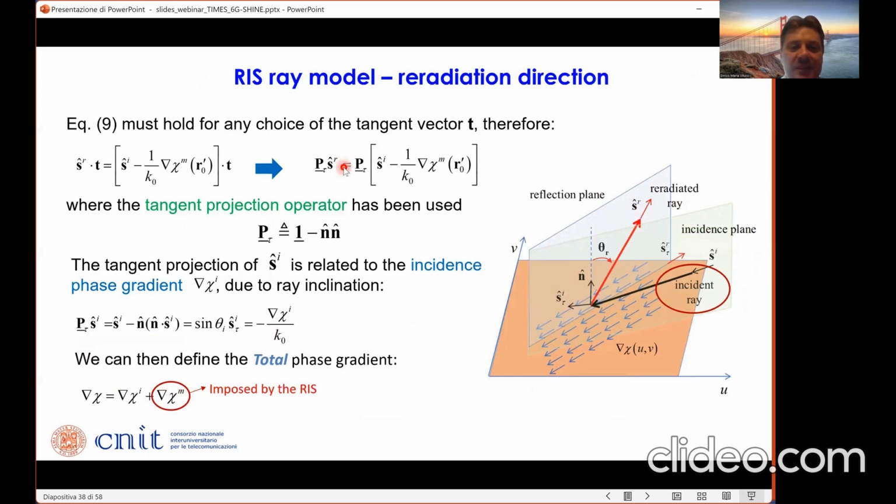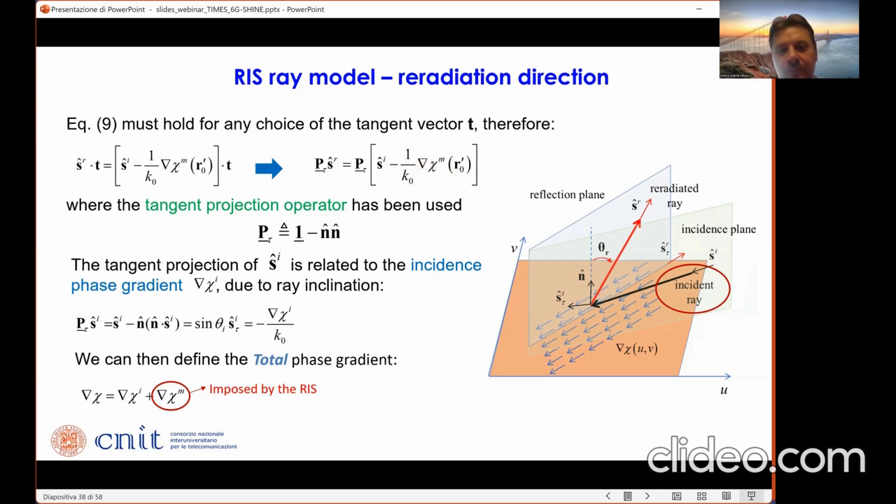Number 9 can be rewritten in the following form, where I have introduced this tangent projection operator, P. So this equation means that the tangent projection of the reflection direction SR is equal to the tangent projection of the incident ray direction minus this expression, the gradient of the phase imposed by the RIS divided by the wave number.